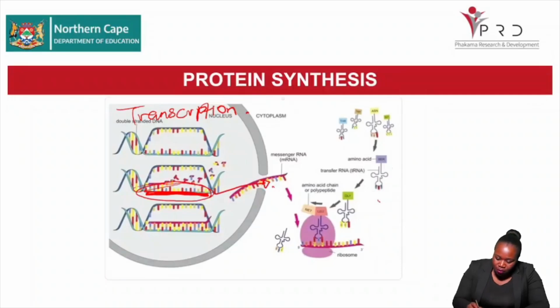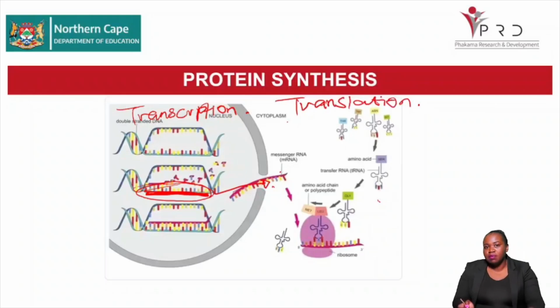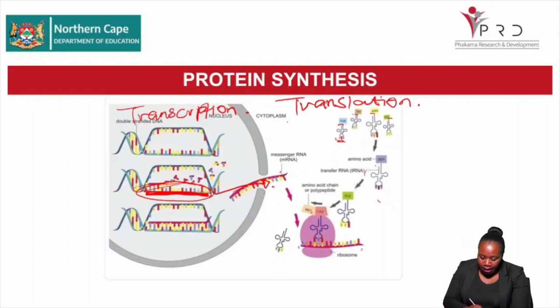What happens in the cytoplasm? Translation. When this translation happens, here we have our mRNA codons, which are going to be pairing with the anticodons on the tRNA. This tRNA also brings in the amino acids. A certain anticodon brings in a certain amino acid, and then they are going to form that chain, as we can see, and then we will have our protein.